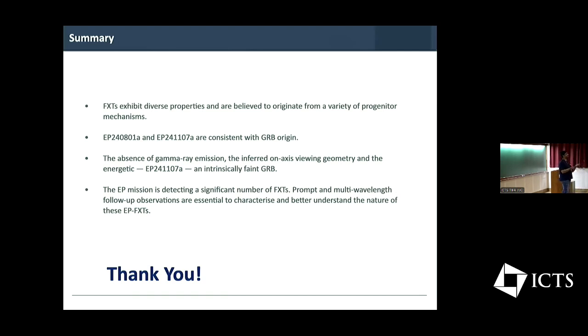So it's different for different kinds of FXTs. Any explanation for this? I'm not sure there is a clear explanation for that. I'm not aware of it. But at least even in the case of earlier GRBs, in some cases there was extra emission before the gamma-ray emission itself. That's what I understand. So it's not very clear what the population is.